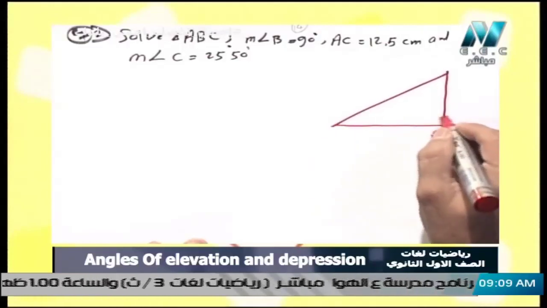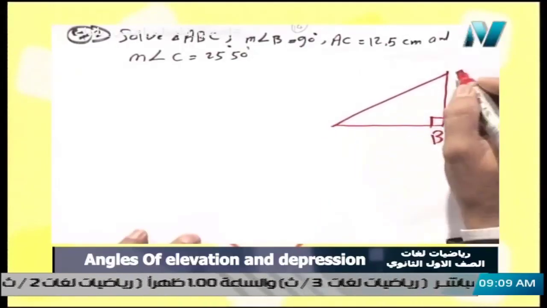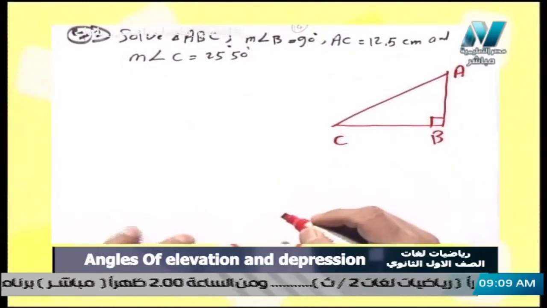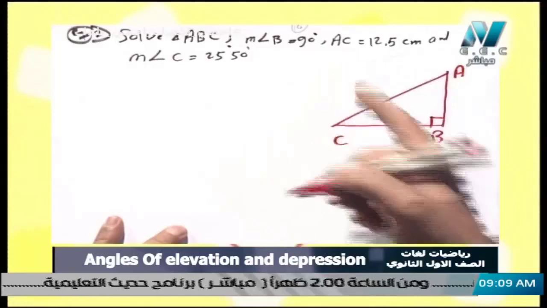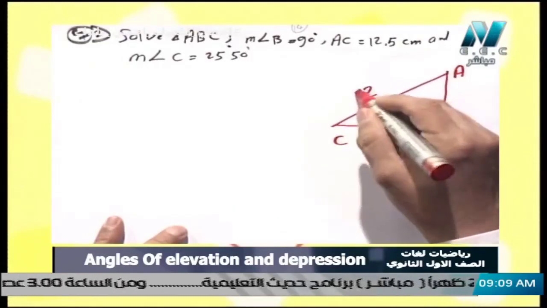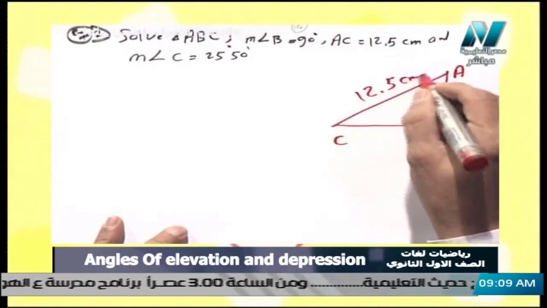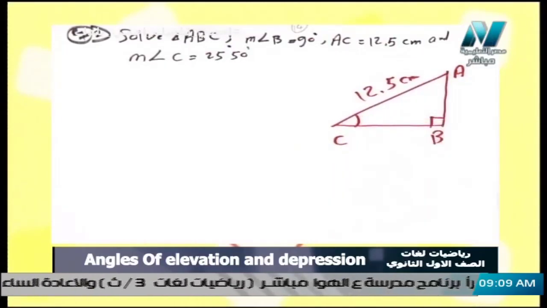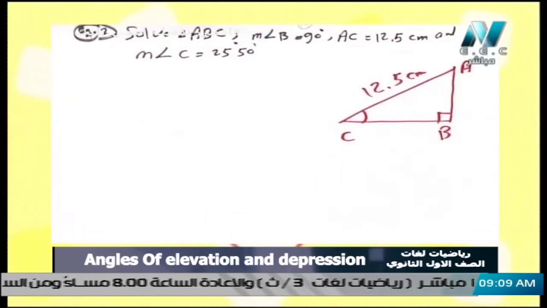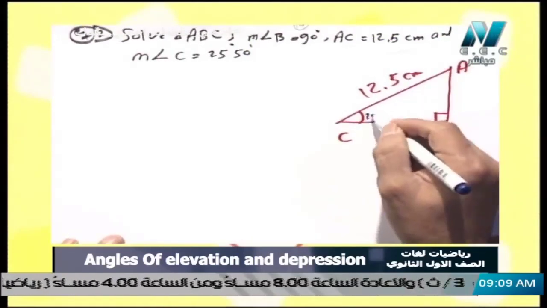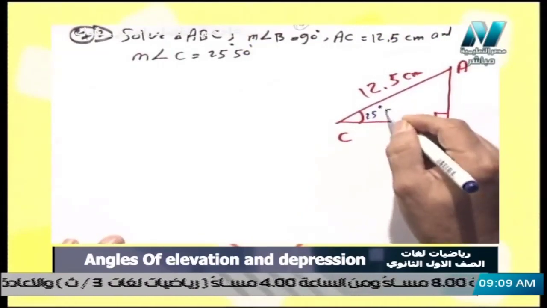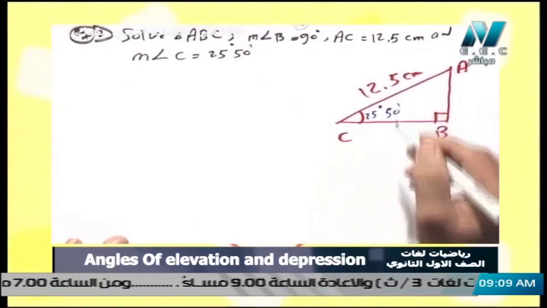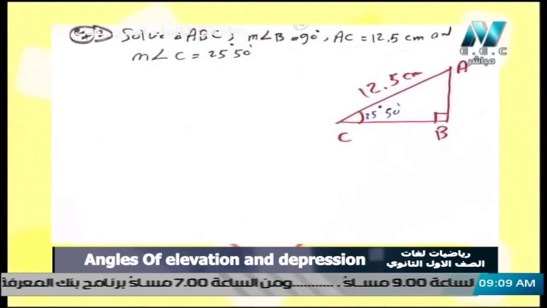B here is the right angle, and we have A here and C there. And we have AC equals 12.5 centimeters, and the measure of angle C is equal to 25 degrees and 50 minutes. And we want to solve the triangle.